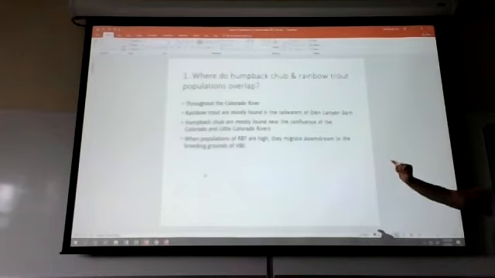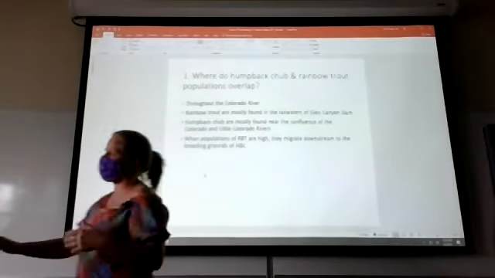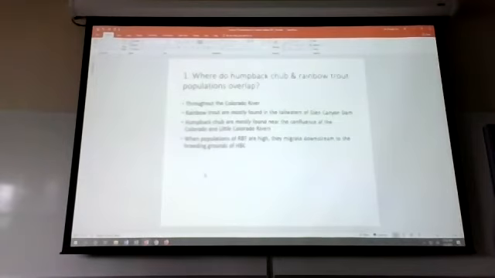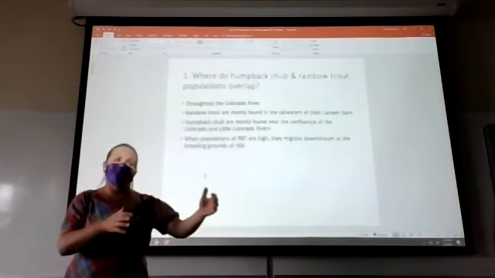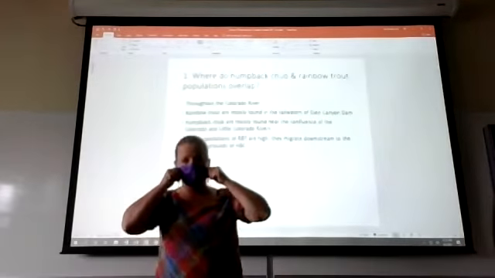So they kind of are facially a little bit distinct. Most of the time the rainbow trout are upstream a little bit of where we see a lot of the chub. But when there's lots of rainbow trout, even a few that migrate downstream where the humpback chub are can cause problems.